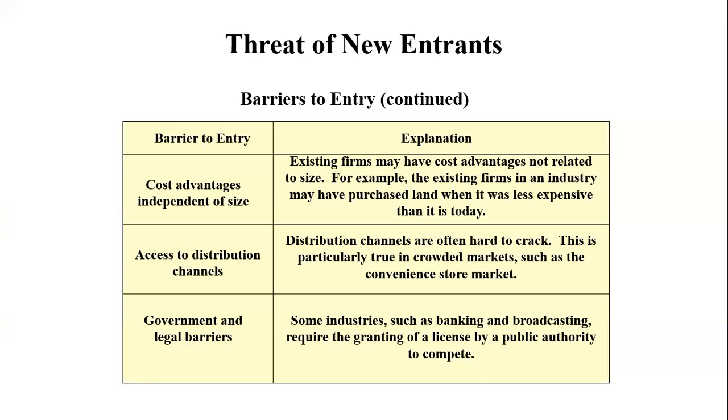Still on the barriers to entry, cost advantages independent of size can also be another barrier to entry. When we talk about cost advantages independent of size, we are referring to the degree to which existing firms may have cost advantages not related to their size. This indicates that maybe the existing firm in an industry may have purchased their land or their property or their machinery when it was less expensive than it is today.